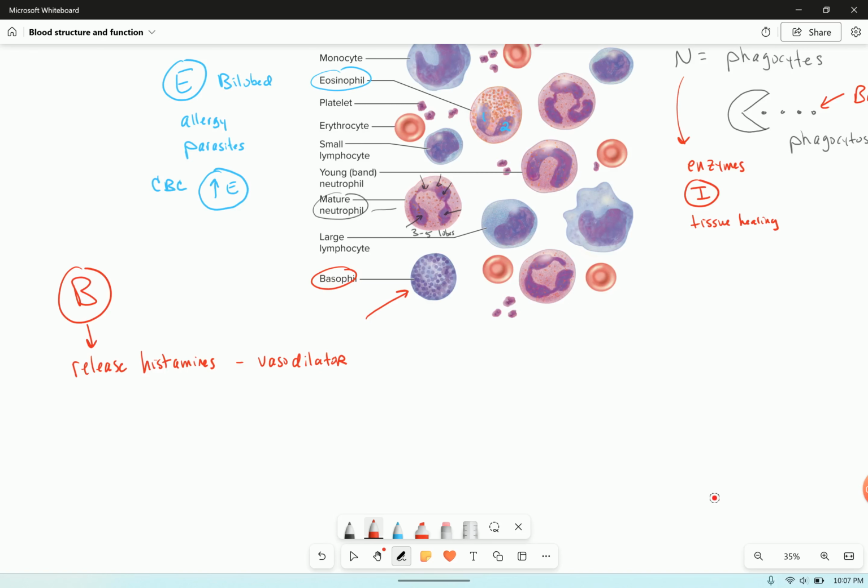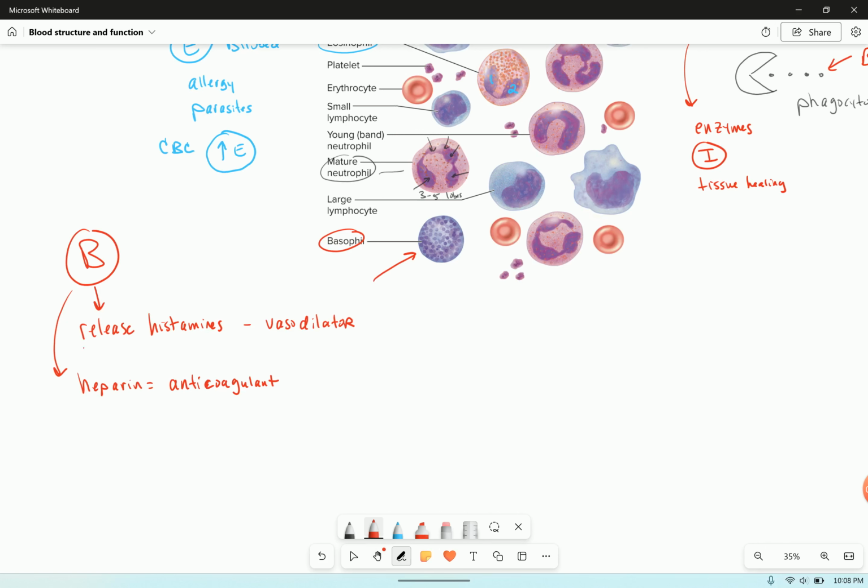If this spins out of control, people can take an antihistamine, which essentially will decrease the diameter of the blood vessel. So vaso is blood vessel, dilator is opening up. Basophils also release heparin, which is an anticoagulant. And these two things, the release of histamines and heparin, are taking place during an inflammatory response and or during an allergic reaction.